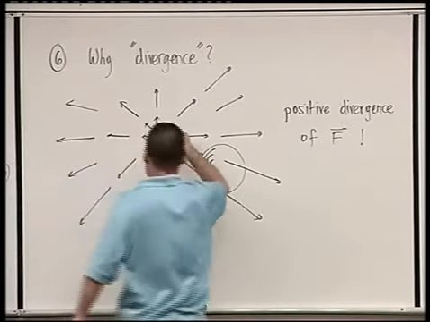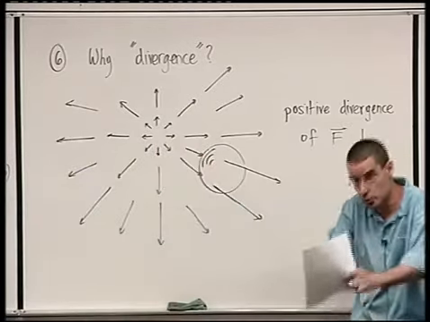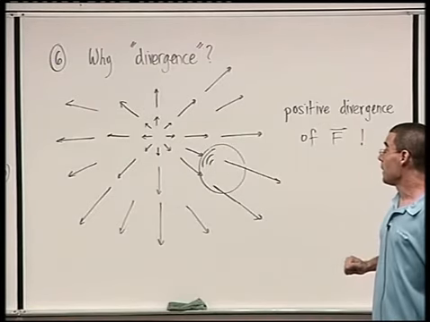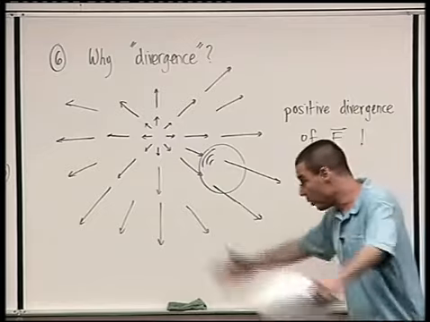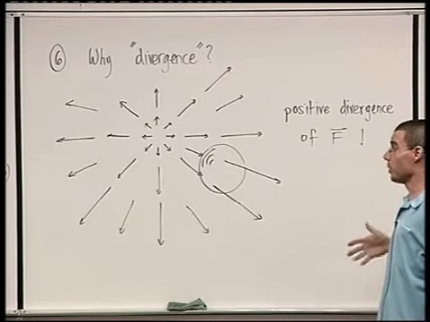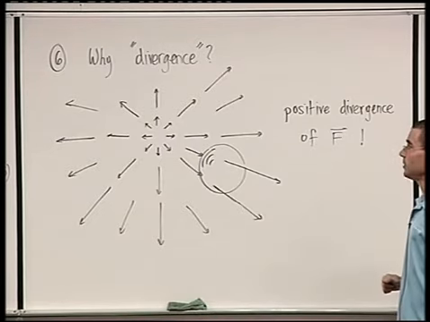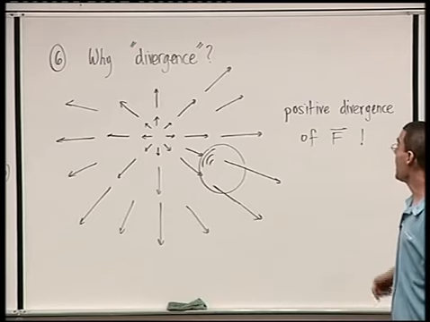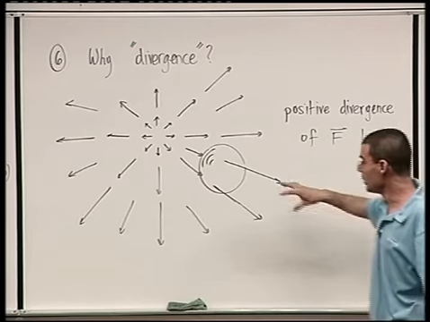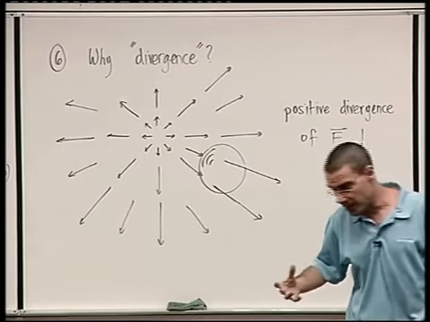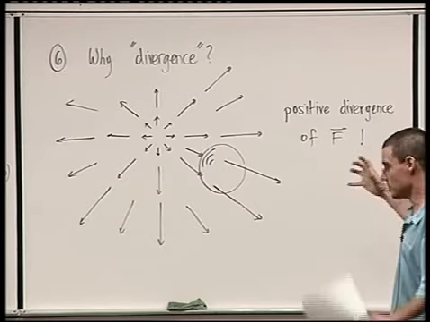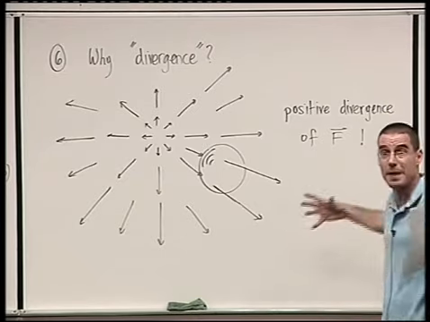If there's a faucet here, then it could happen. But in general, the field representing flow of water cannot have positive divergence if it doesn't have a source at the point you're looking at. And therefore water has the property that it's incompressible. Gas is compressible. It can compress and expand.